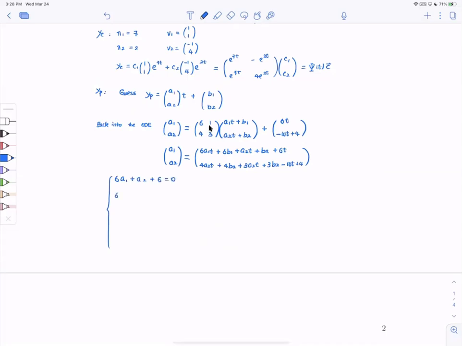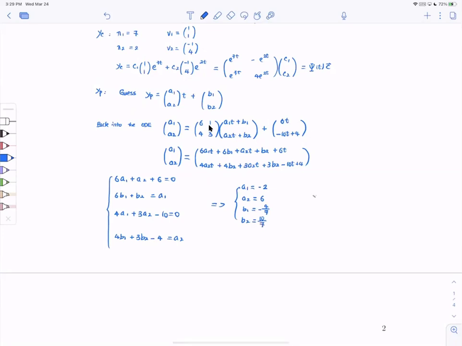You have 6b1 plus b2 equals a1, 4a1 plus 3a2 minus 10 equals 0, 4b1 plus 3b2 minus 4 equals a2. So a1 is -2, a2 is 6, b1 is -4/7, and b2 is 10/7. And then you plug them back in.